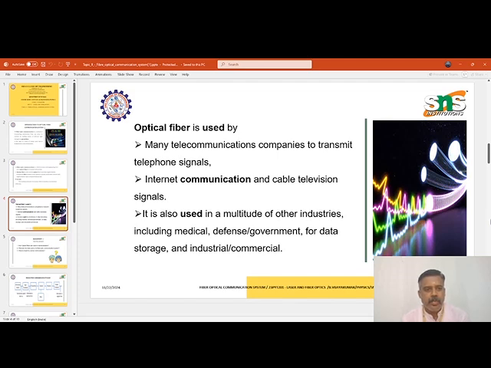Optical fiber is used by many telecommunication companies to transmit telephone signals, internet communication, and cable television signals, and it's also used in a multitude of other industries including medical, defense, government, data storage, and industrial and commercial uses like that.